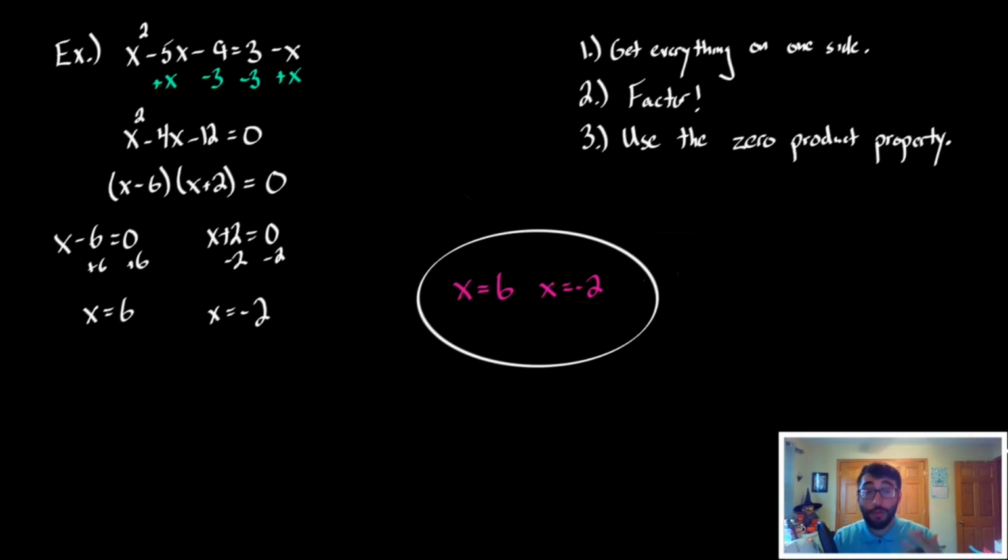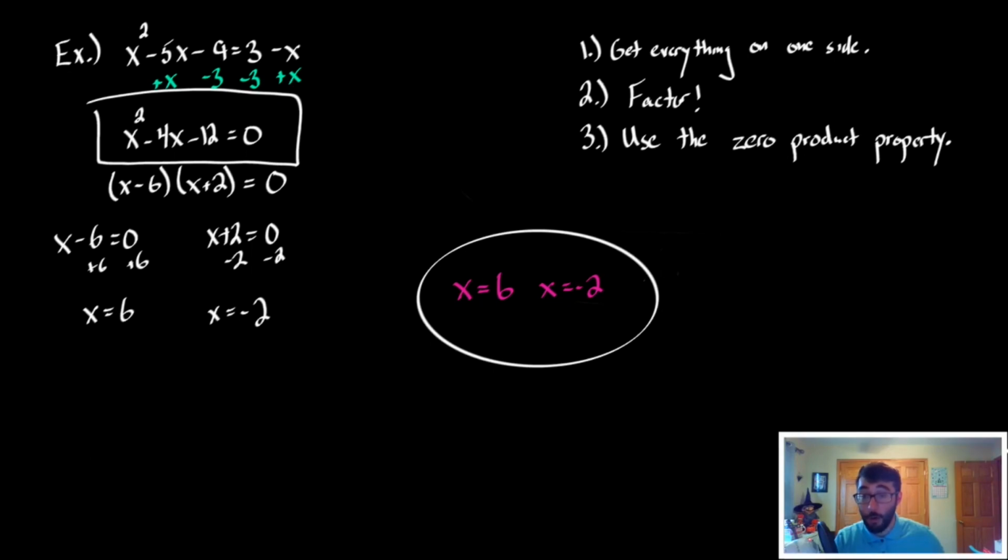Now, what do they actually mean though? Well, whenever we solve a quadratic equation, whether it be by factoring, completing the square, or the quadratic formula, which we'll learn about later, we are actually finding the x-intercepts of the graph. So if I graph x squared minus 4x minus 12 in the calculator, you will see it cross the x-axis at positive 6 and negative 2.